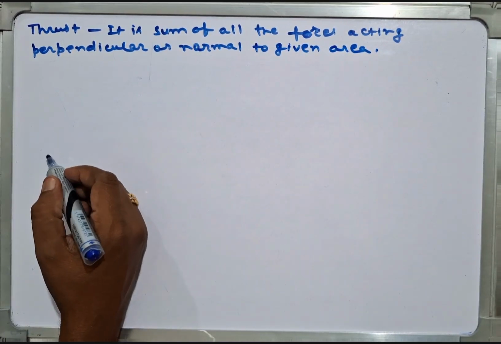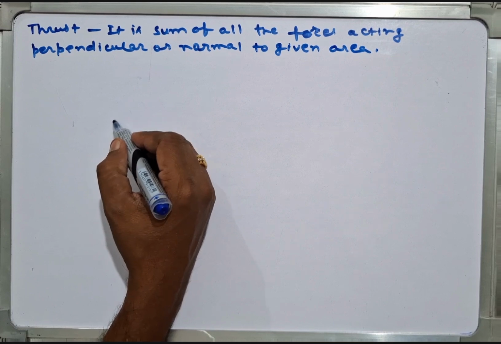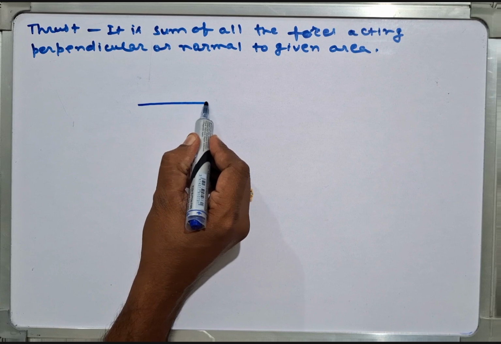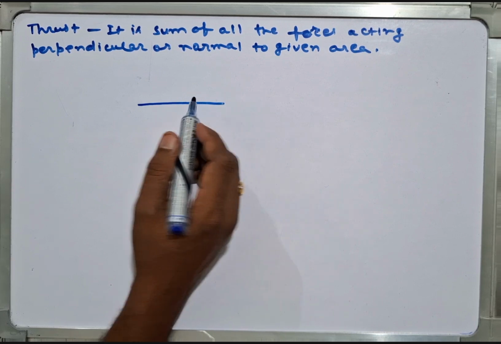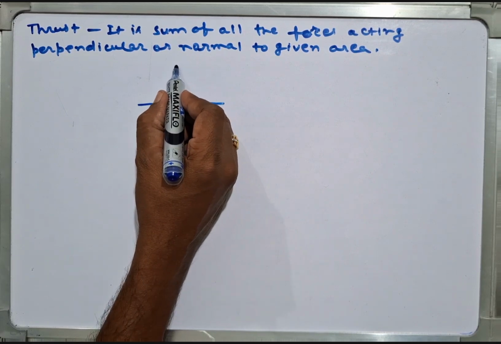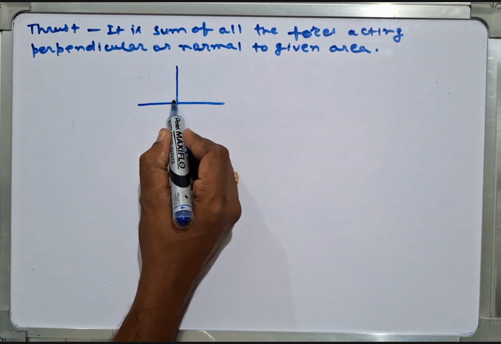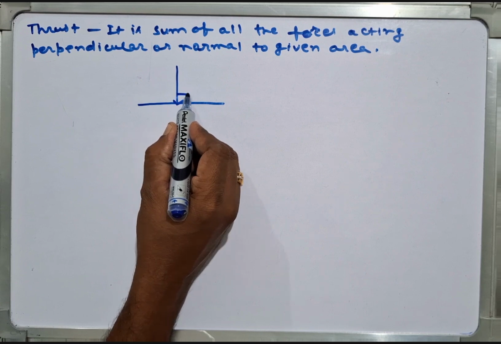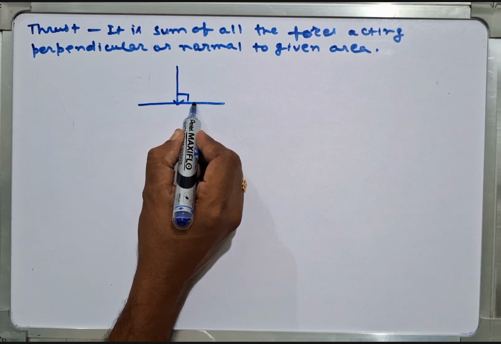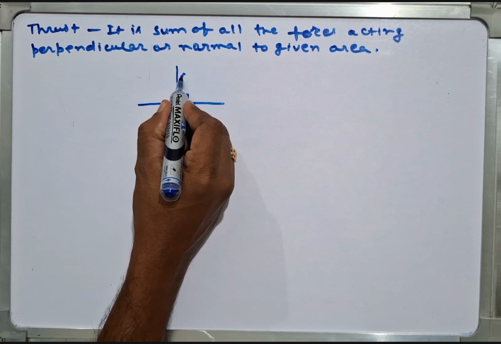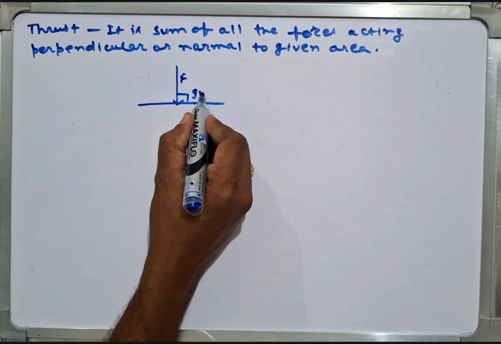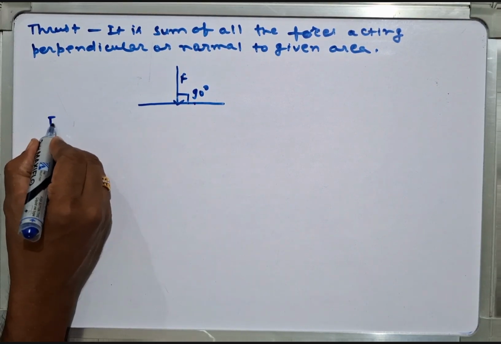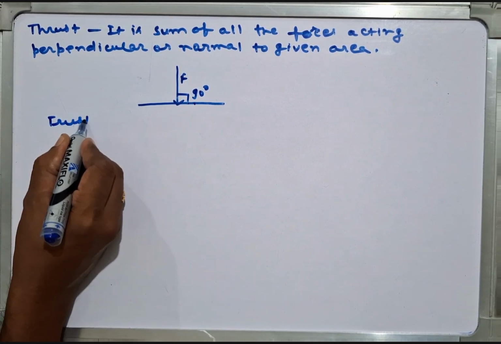Suppose this is a given area which is uniform. Now this force is acting like this, so the angle between this surface and this force is 90 degrees. Such a type of force is called thrust.